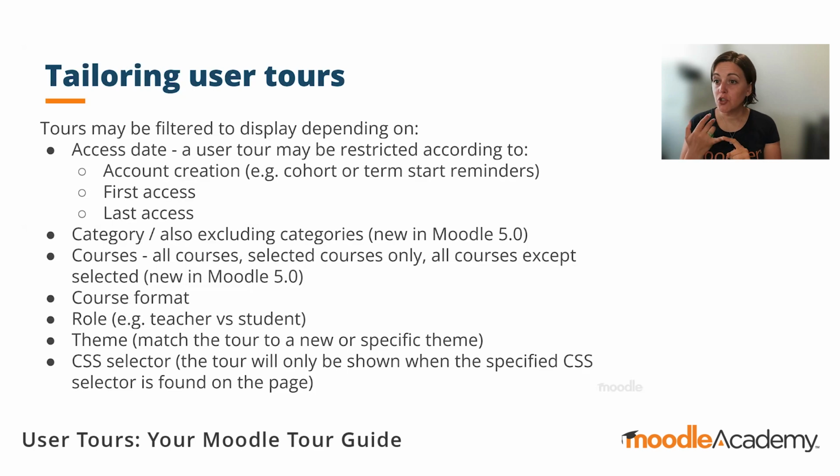And then you can choose a specific course format. So if you've got a new course format and you want people to be learning about, let's say, grid format, you would be able to just choose that format and only display it when people access a course with that format.